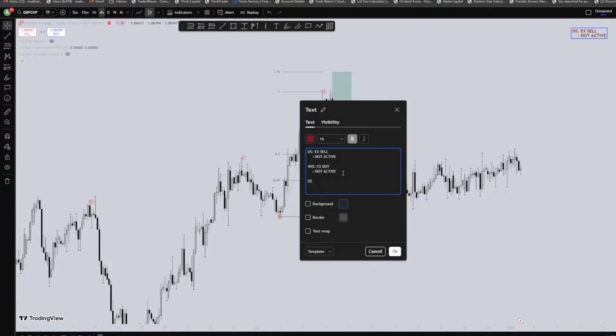So the data setup. Not equals to. So how do you do that?